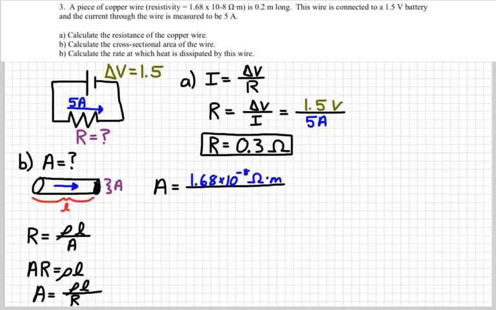And then we know the length given right here is 0.2 meters, so times 0.2 meters. And then the resistance would be 0.3 ohms, found that just up above here. So 0.3 ohms.